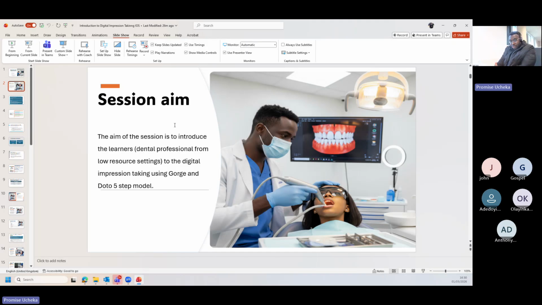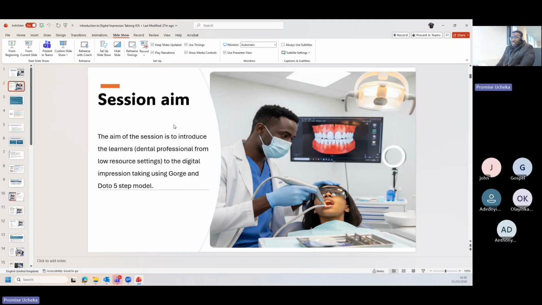I don't know if colleagues have joined us from other parts of the world, but this is mainly designed for people currently working in settings where resources are limited, and in countries where money is not always available for the things that are needed.